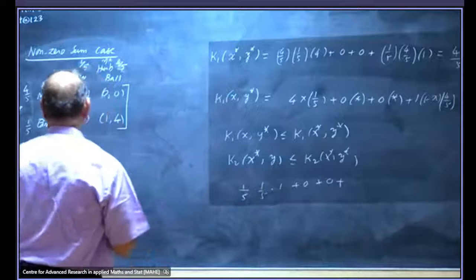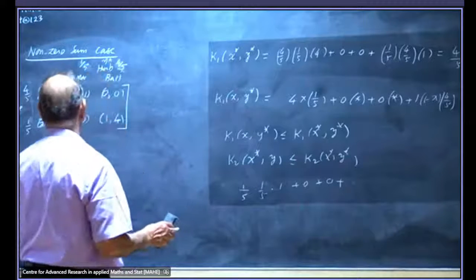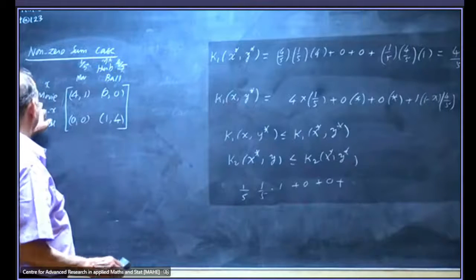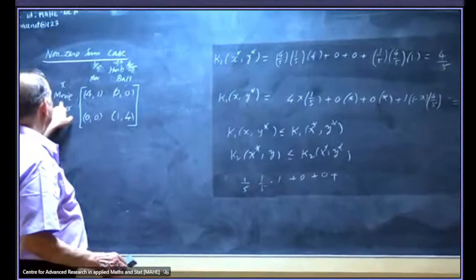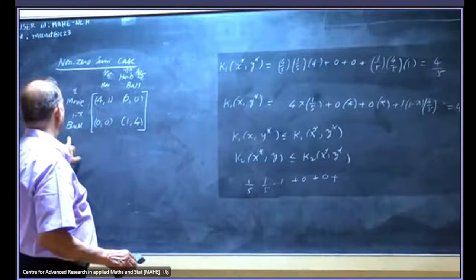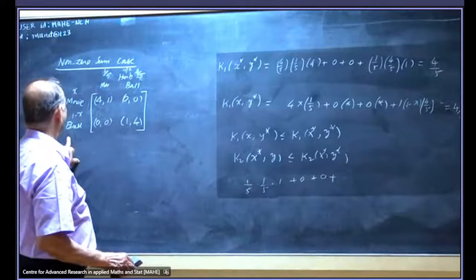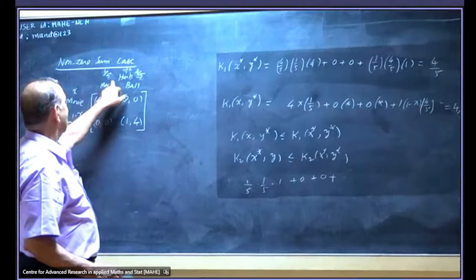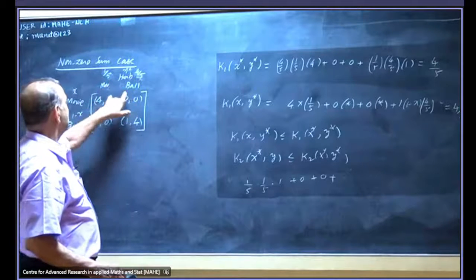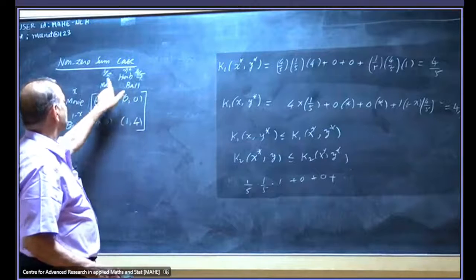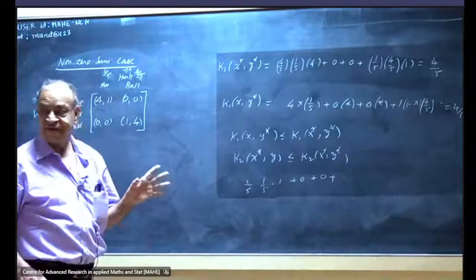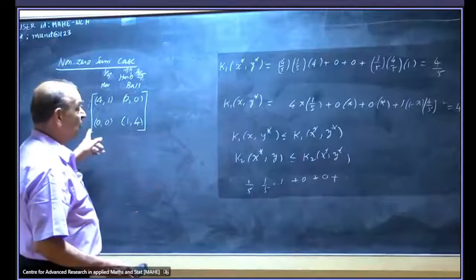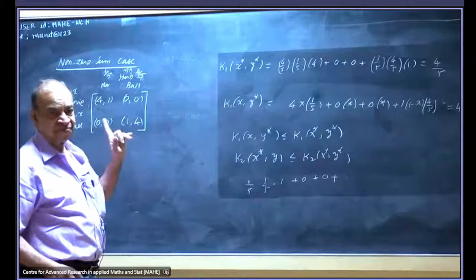So the Nash equilibrium strategy is this: the wife chooses movie with 4/5 and ball game with 1/5. The husband chooses ball game with 4/5 and movie with 1/5. Okay. That's the idea. But this one is a non-zero sum game.